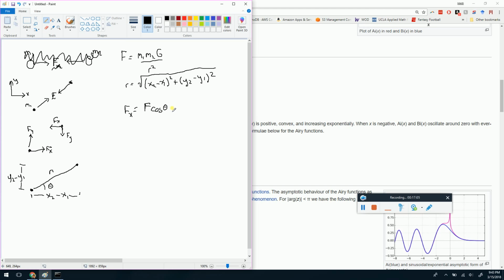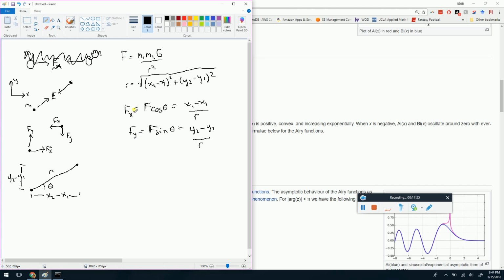But cosine of theta, if you remember from trig, is (x2 minus x1) over r. And Fy, likewise, is F times sine of theta, but that's just (y2 minus y1) over r.